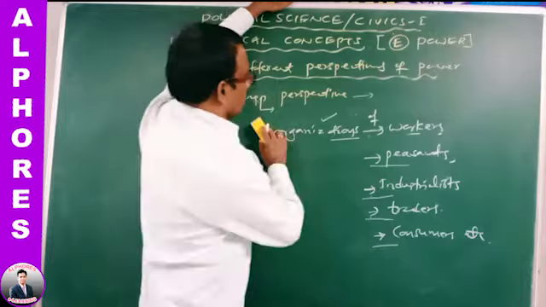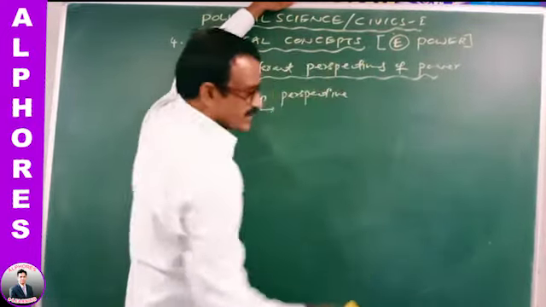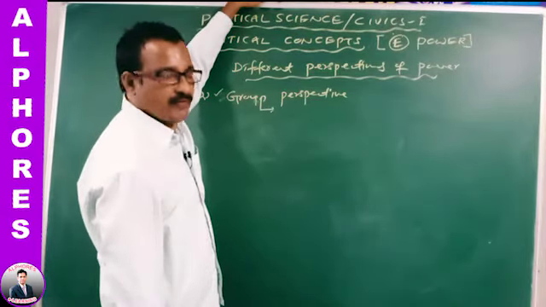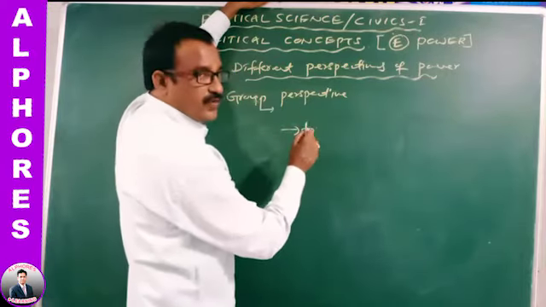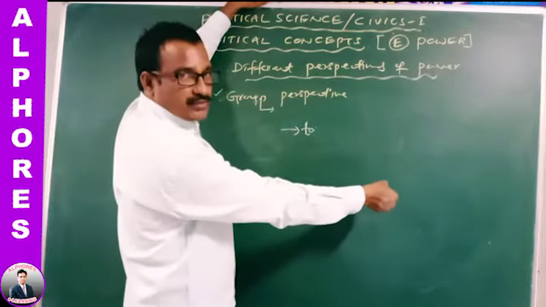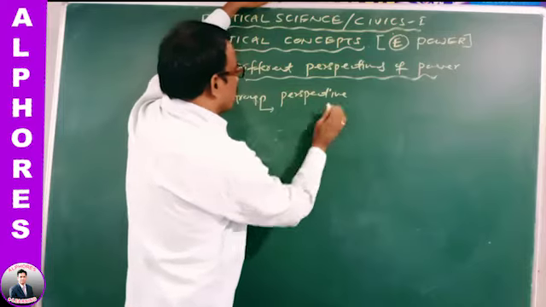Clear? Then these groups exercise the power or exercise the influence for protection of democracy. They exercise the influence. Just now what I said, the organizations. Clear? Such sections will protect the democracy.